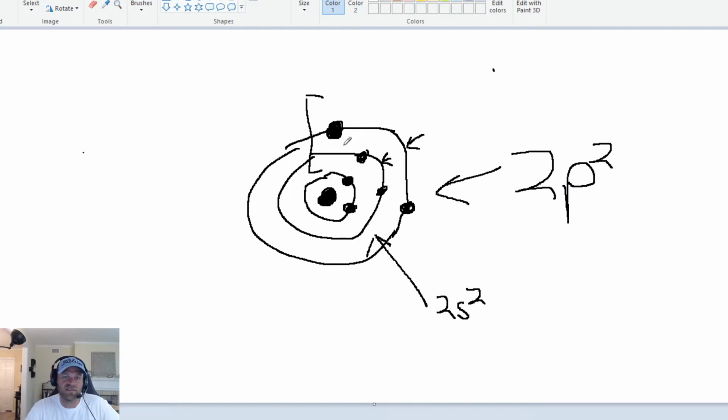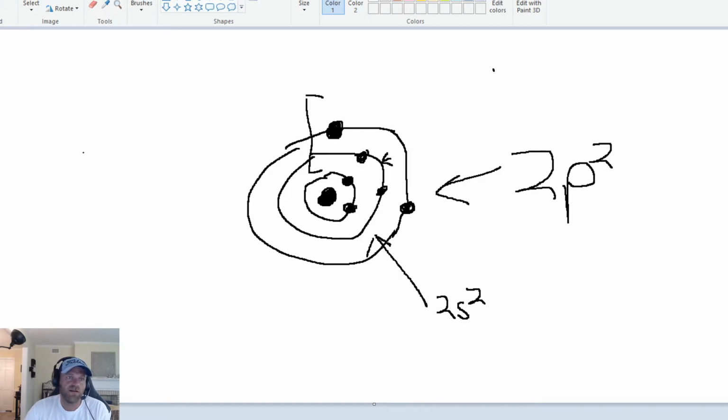So both of these are the outermost shell, and the 2p's electrons are the ones that I'm focused on to figure out how many I need to add or subtract. Okay, so I can do a couple things. If I take off 2 electrons, I'm still at the second energy level, so that doesn't really help me. So the easiest thing to do would be to add electrons in.